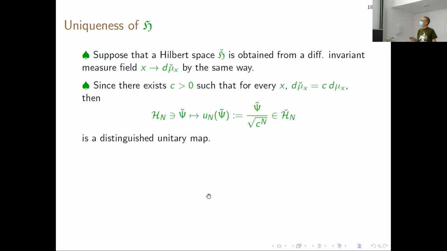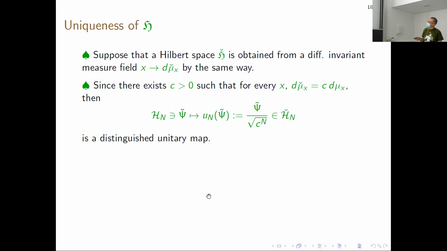Let me recall that two diffeomorphism invariant field of measure are related by such a simple formula, with the number C independent of the point X. And then it is easy to convince ourselves that such a simple transformation here defines a natural or distinguished unitary map between the Hilbert space Hn and this one.